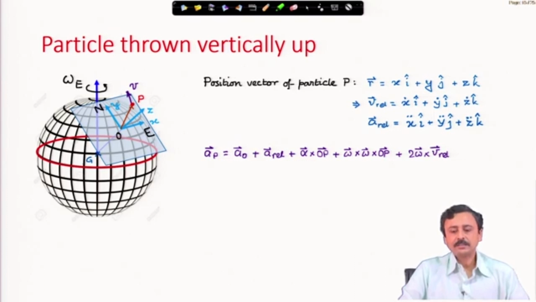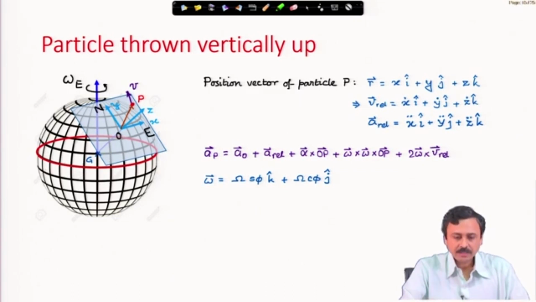Now, here we have this omega of our frame, which has to be also represented in this xyz coordinate system. This capital omega is represented as omega of the earth, sin phi k cap plus omega cos phi j cap.